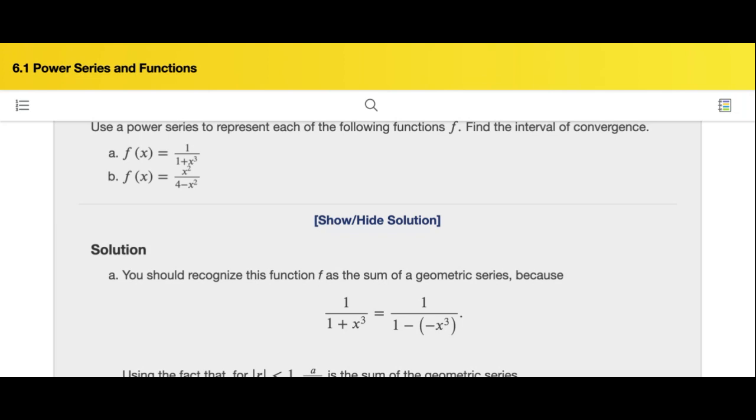Okay, so we see the radius of convergence is 2, and the interval of convergence is -2 and 2, right? And then what about x equals -2 and 2? So what about x equals -2 and 2?